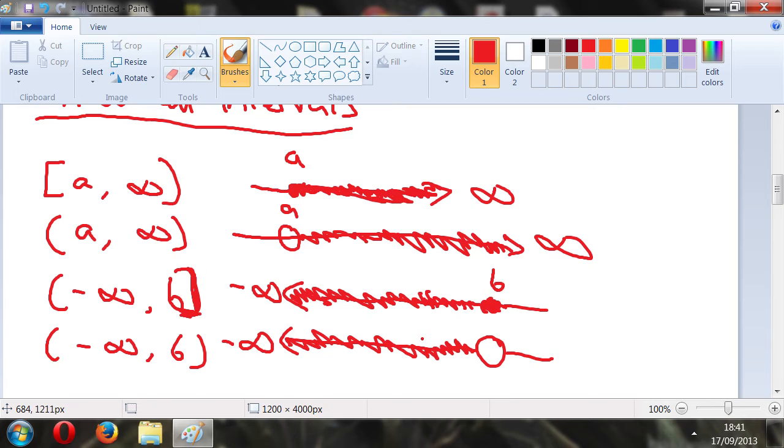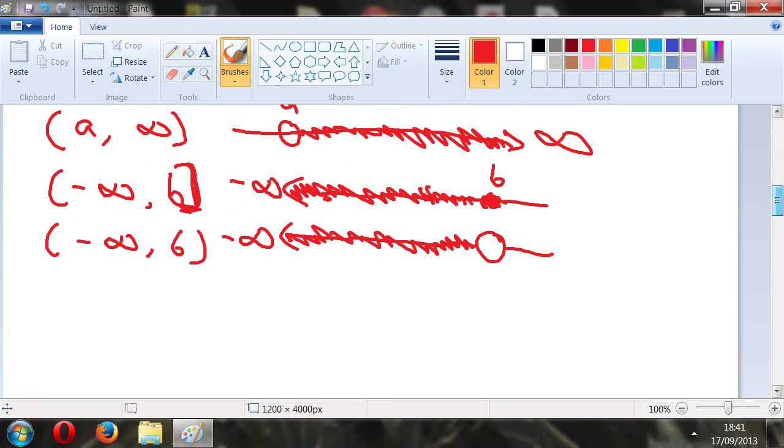That's the point. It's interesting because you can't really say the start point is minus infinity because it's not a real number. And what other ones were there? Oh yeah, we could also have minus infinity to infinity. It's just the whole line really.